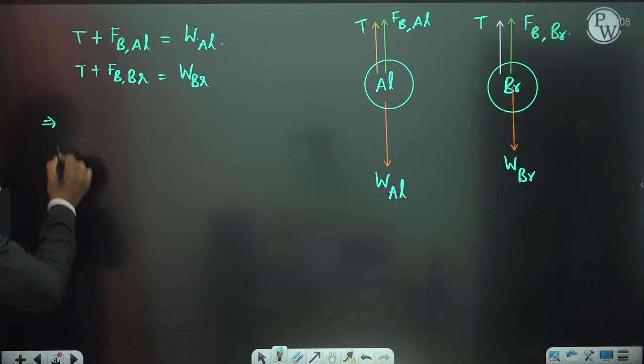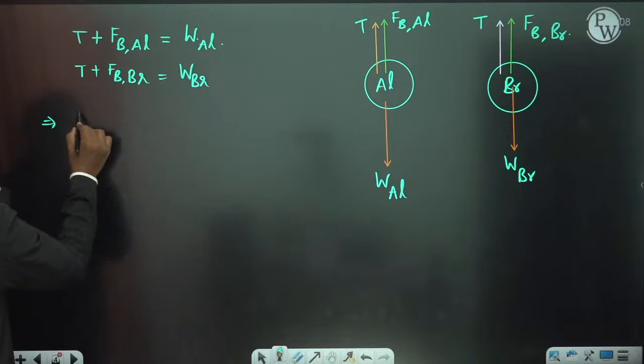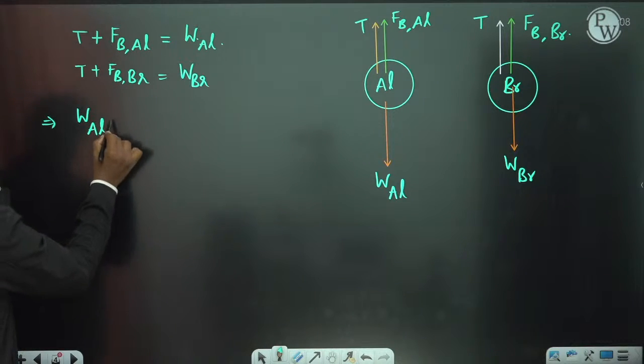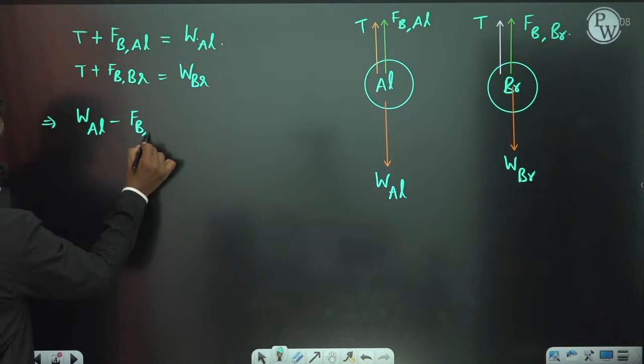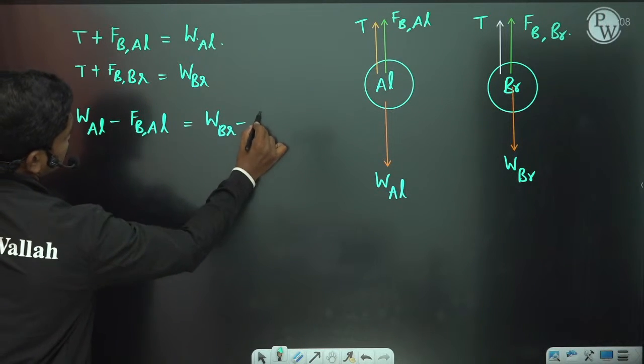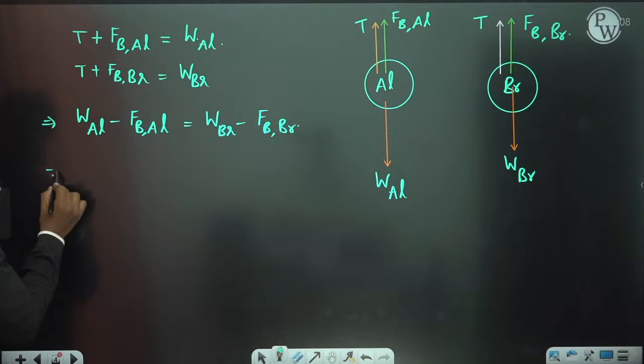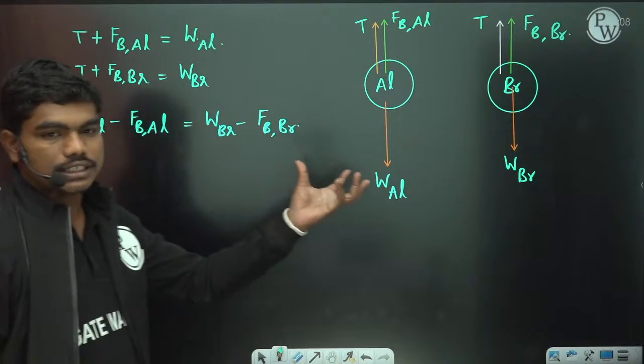Tension in both the cases is the same because the string is uniform throughout, which means weight of aluminum minus buoyancy force acting on aluminum is equal to weight of the brass ball minus buoyancy force acting on the brass ball. Now, these are balls, so they are spheres.